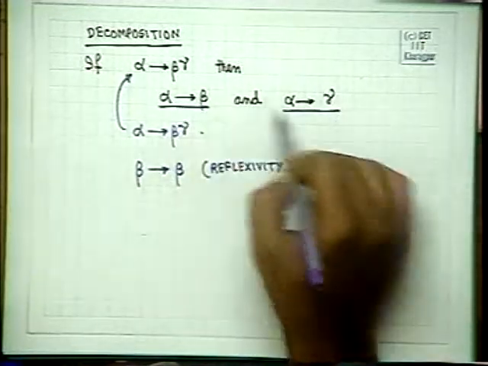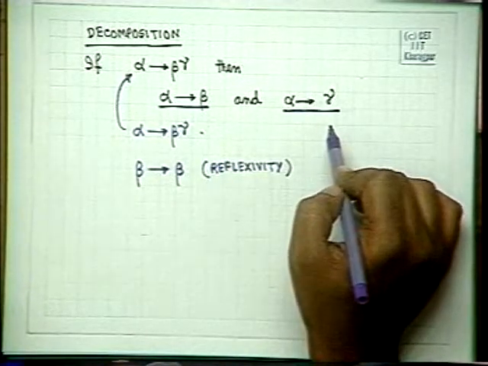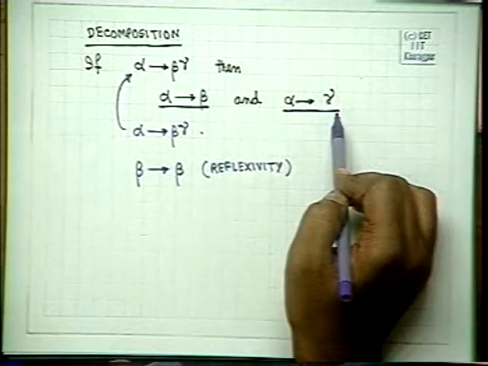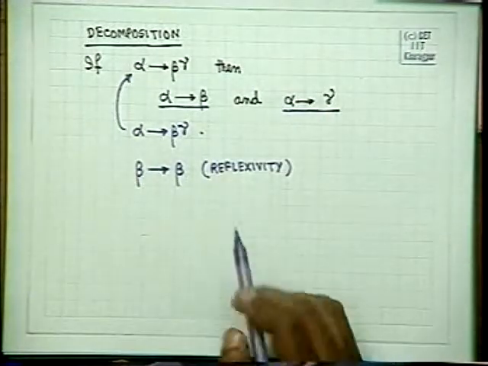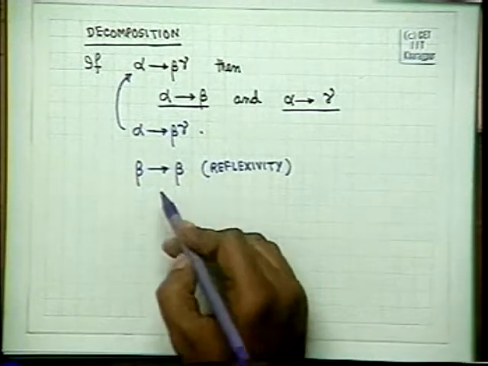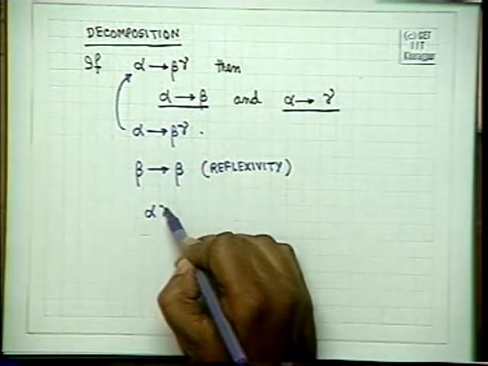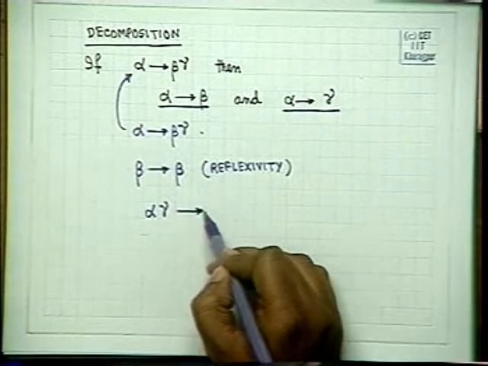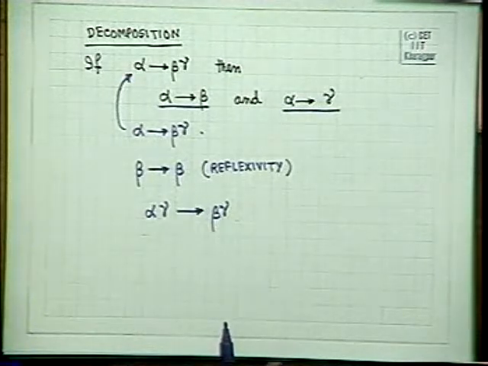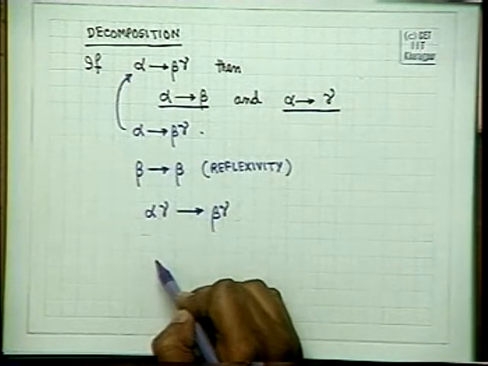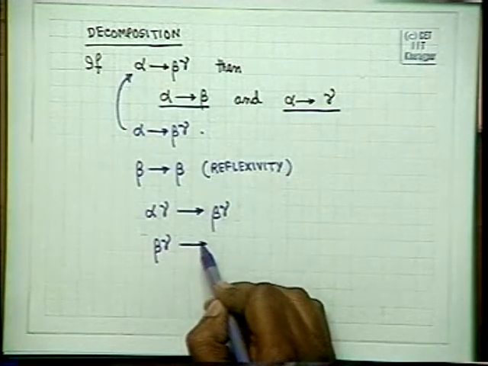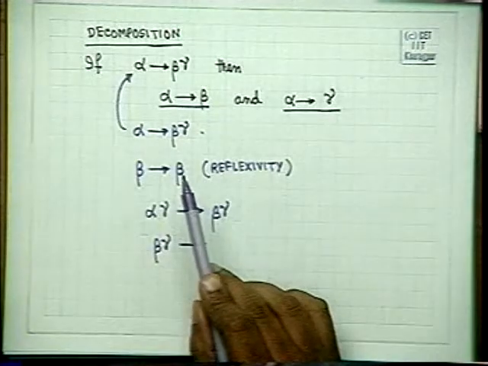So we will derive them separately. We can derive this one from this, and this one from this. We have to derive these two separately. Alpha gives beta gamma, and for beta gamma we will have to use the union rule to derive this.